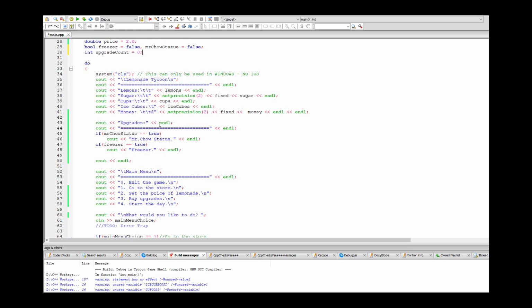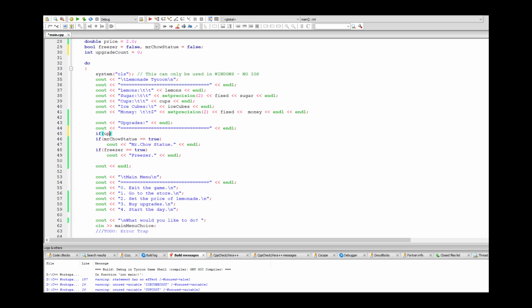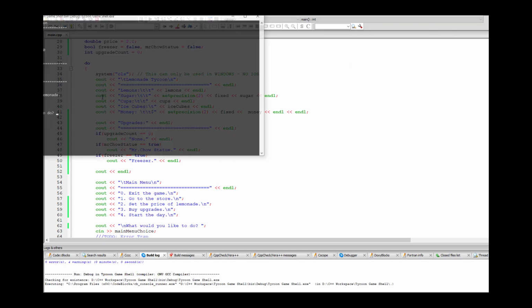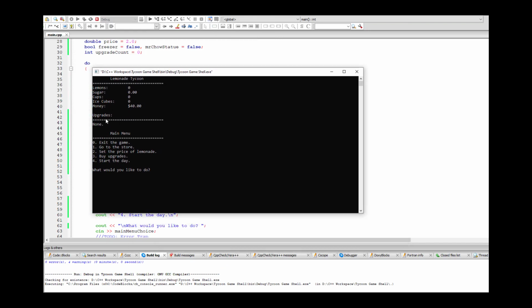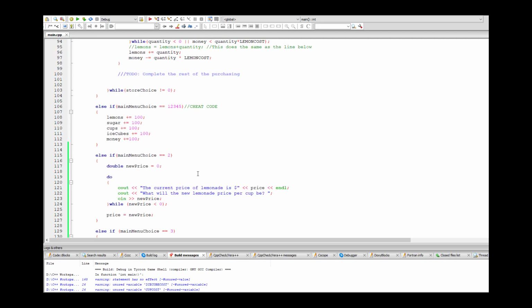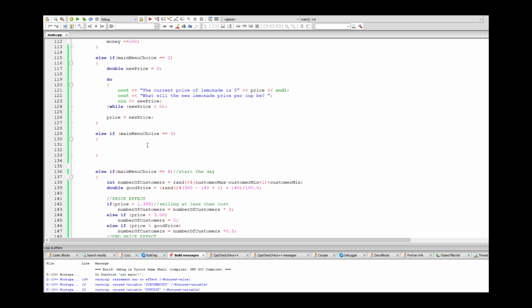So what I will do is I'll say if upgrade count is equal to 0, then cout none. All right, so currently no upgrades. And I also don't have any ability to buy upgrades because I haven't written that into the code yet.